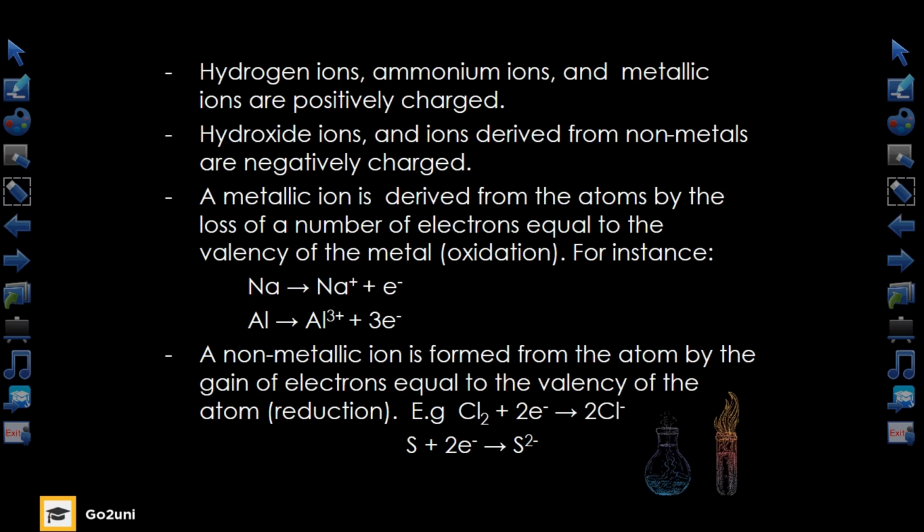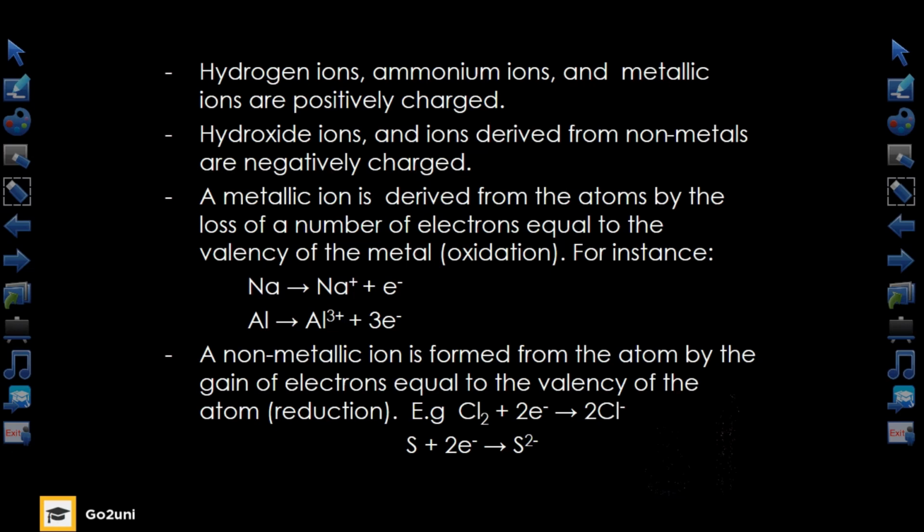When a salt like lead nitrate is dissolved in water, it dissociates into its ions, the lead 2+ ion and the nitrate ion, NO3-. So these are the ions that go into the liquid solution. This is what the Ionic Theory tries to explain.